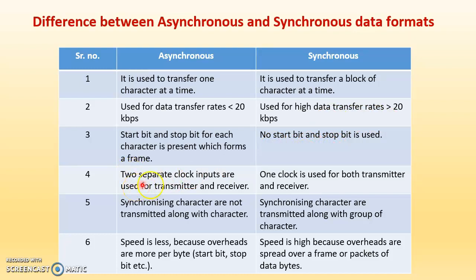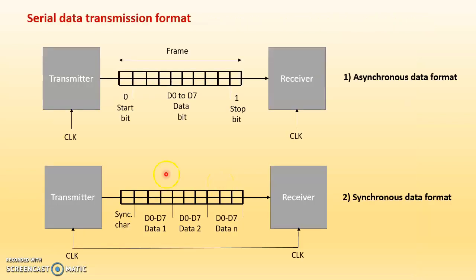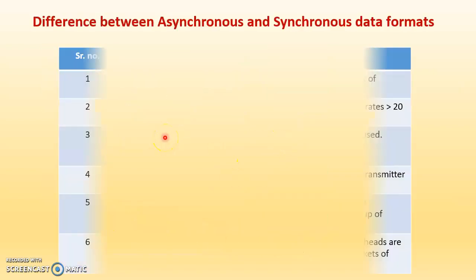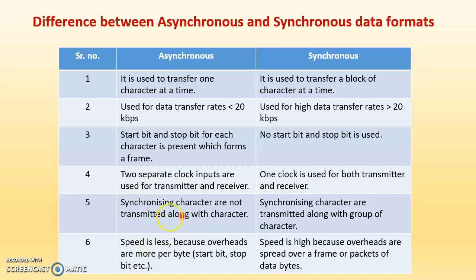In the fourth point, two separate clock inputs are used for the transmitter and receiver in asynchronous. In synchronous, one clock is used for both the transmitter and receiver. You can see here these separate clock pulses, and here there will be only one clock pulse. Synchronizing characters are not transmitted along with the character in asynchronous, but in synchronous there is a synchronizing character transmitted along with the group of characters. In the last point, the speed is less in asynchronous because overheads are more per byte.